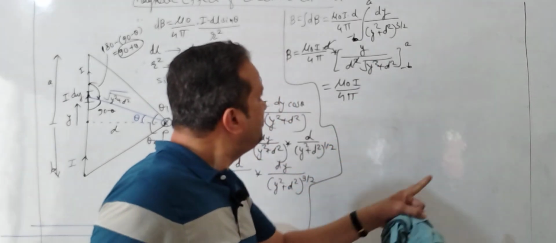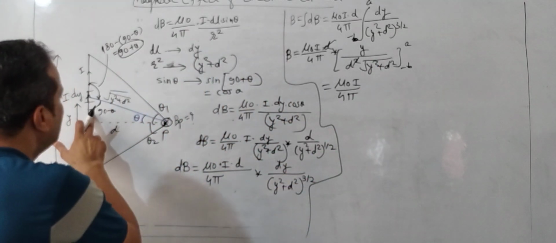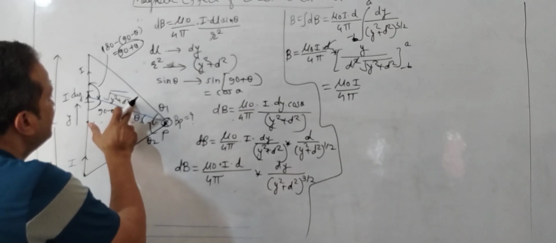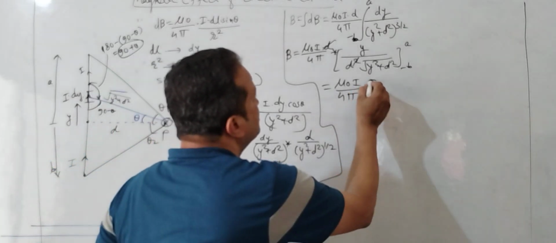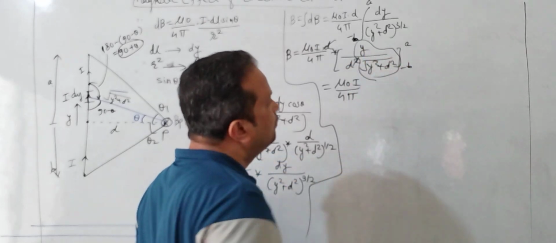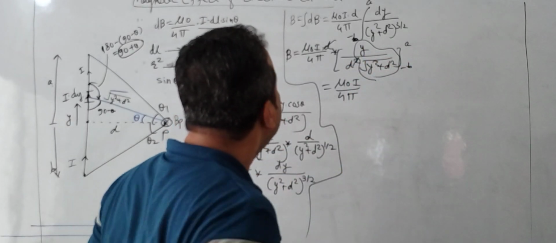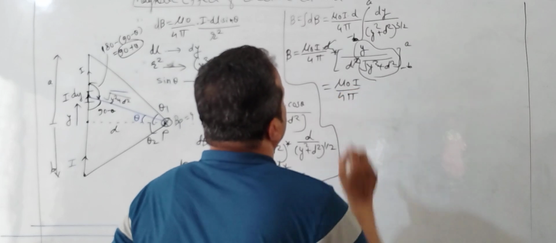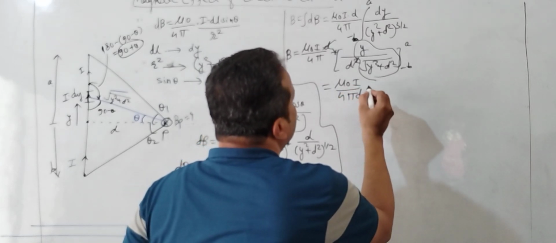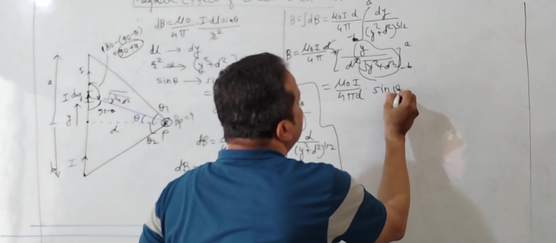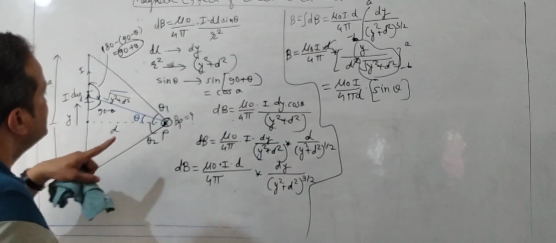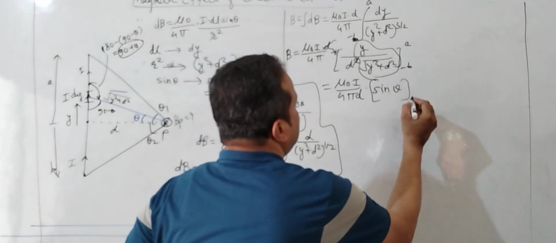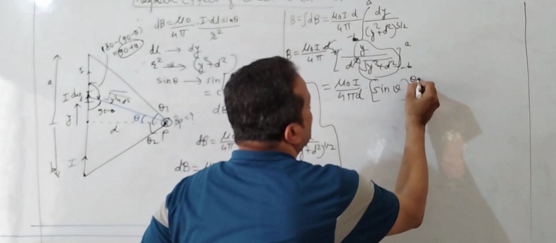So now tell me, y upon under root of d square, in under root of y square plus d square, what is this? This is the sin theta. So here it is d sin theta. When it is a and this is b, so this is how much? This is minus theta 2 to theta 1.